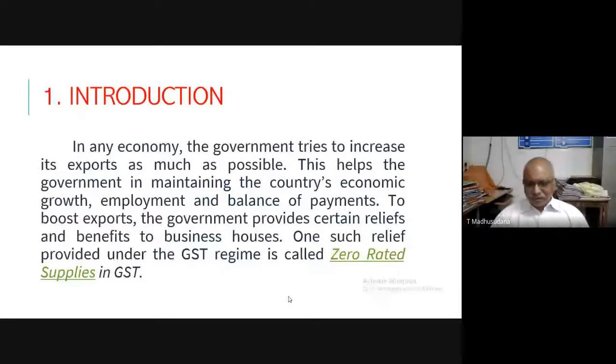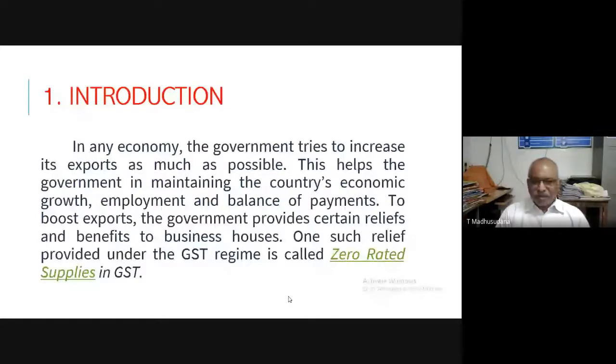Now, in any country, any government, whether the central government or state government, always tries to increase its exports as much as possible, because nowadays it is the exports which are playing a major role in any economy.